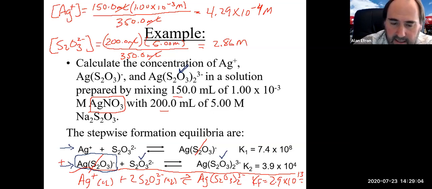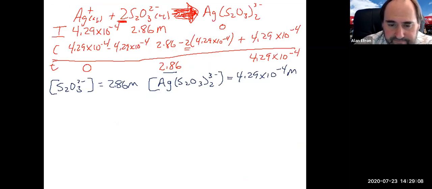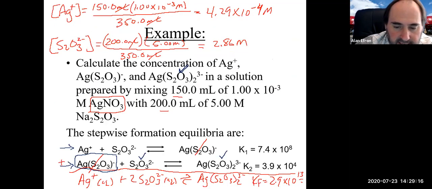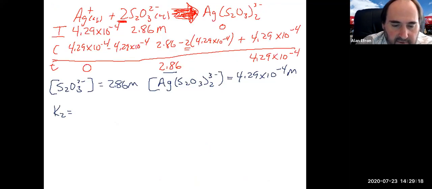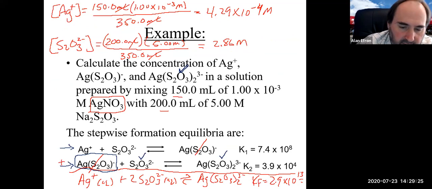So again, going from equation number 2 here, using our K2 value, the K2 was, again, 3.9 times 10 to the 4. And just like if we were to write an equilibrium expression for just the second equation, it would be our products over our reactants.